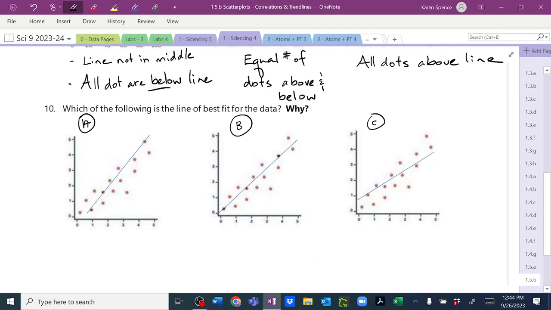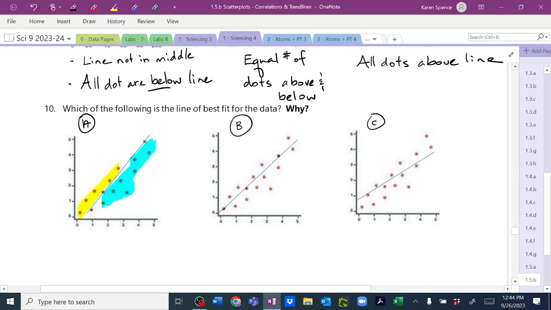Yeah, when you look at all the dots that are above, they're mostly on the left-hand side. We have dots below all the way across. Yeah, we've got dots below kind of everywhere. But even at that, we don't have any right at the very left-hand edge of the line, yes? What you have to look and you have to say, does the steepness match the steepness of the data?